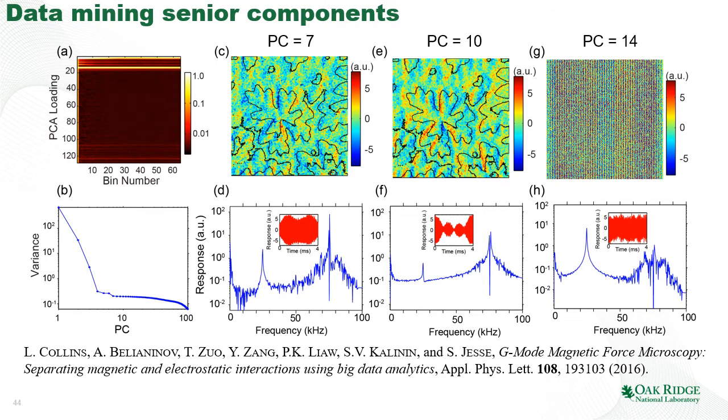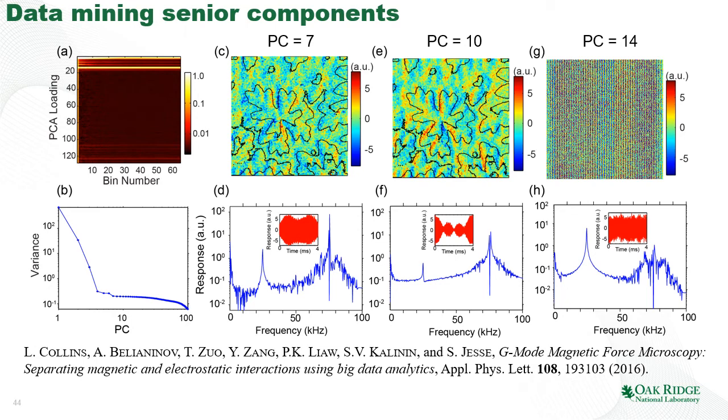And it turns out that even in senior components, we can sometimes start to see the transient behaviors when the tip crosses the domain wall. So it gives rather beautiful patterns and is also very easy to identify based on the maps. It also turns out that this approach allows us to denoise the signal very effectively.